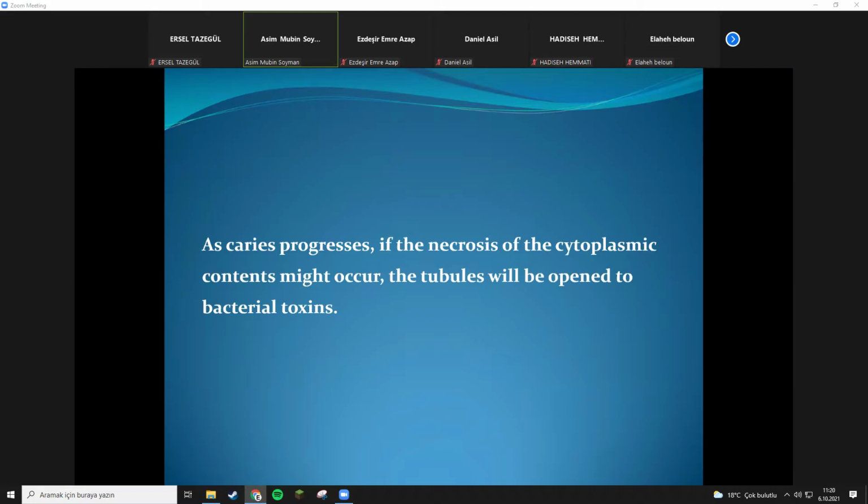We talked about it, the protoplasmic extensions of the odontoblasts in the dentinal tubules can become necrotic, and the tubules will be open to bacterial toxins. And this means all these dentinal tubuli are open to bacterial toxins, bacterial enzymes, acids, and bacterial stem cells can reach the pulp very easily.